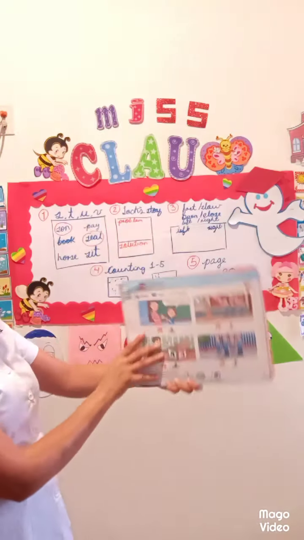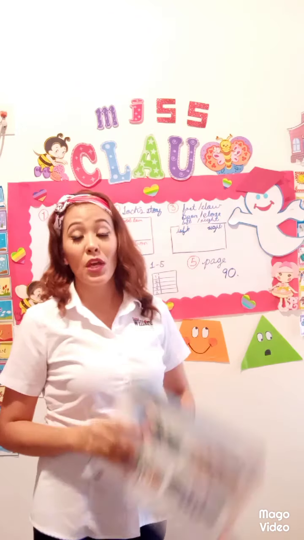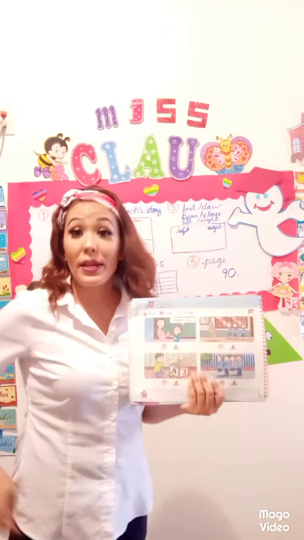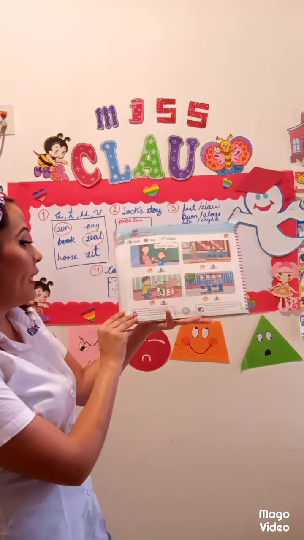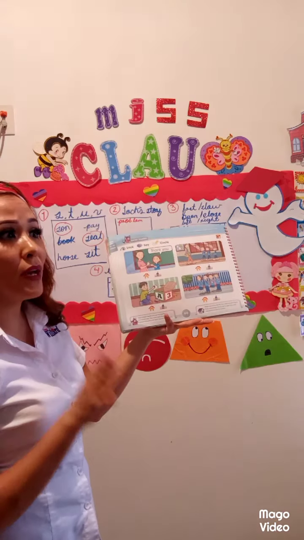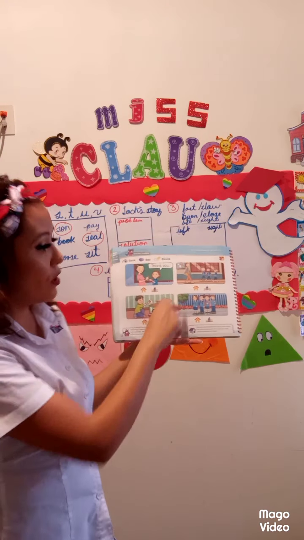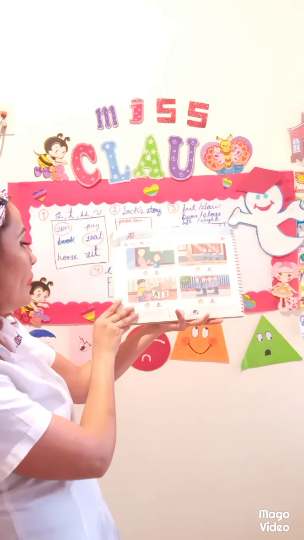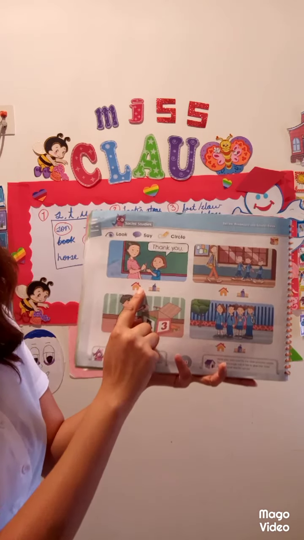The last activity is in your book, on page 90. This is about the household and school rules. Do you remember that? Yes, we already practiced this last week. What you have to do here is that the children must identify and say the household rules, of course, with your help.